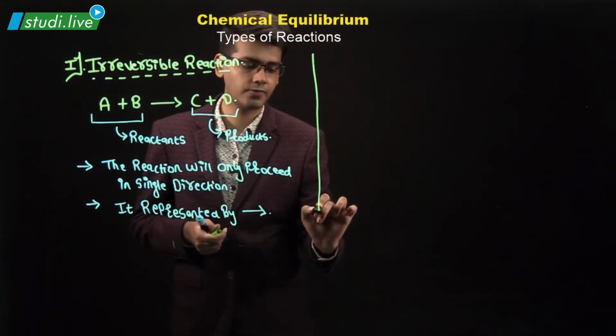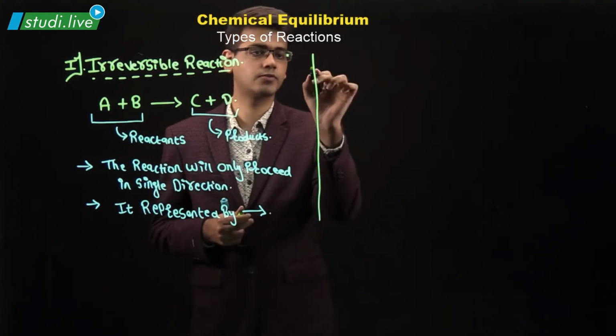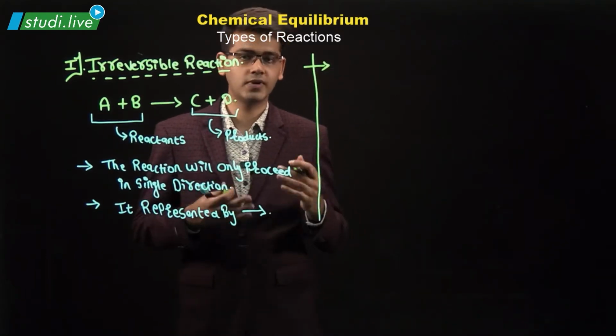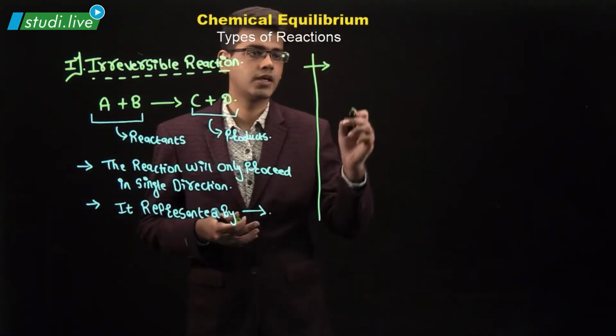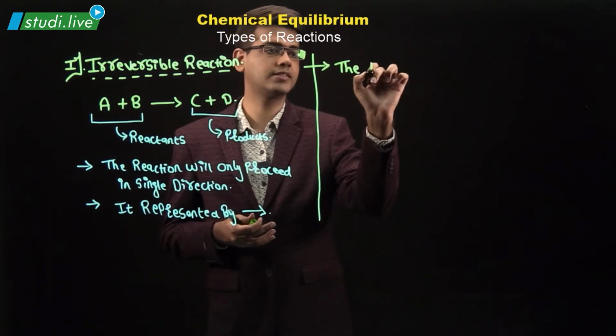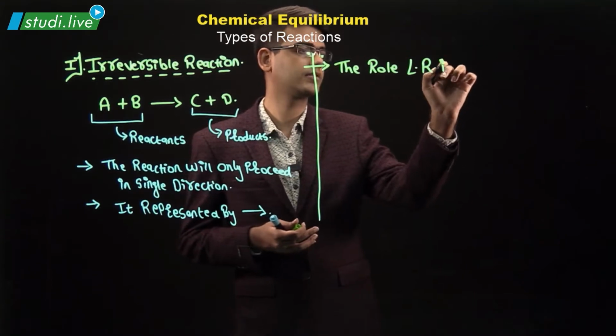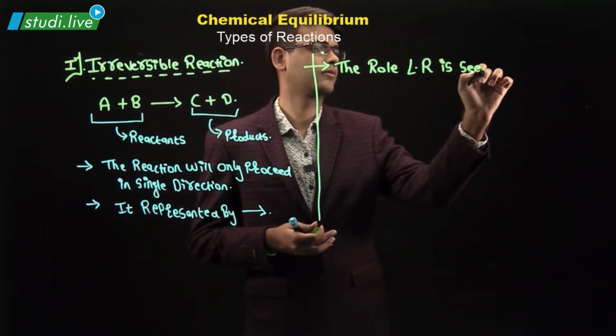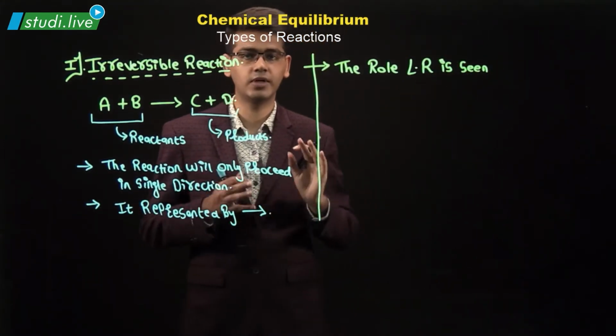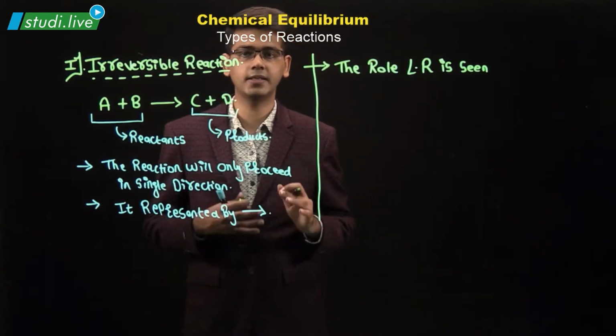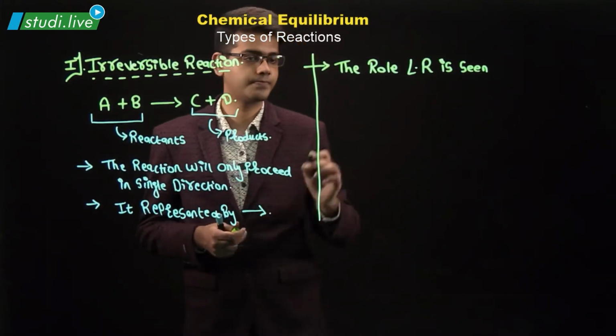Next important point with respect to irreversible reaction which we have to remember is that always in case of irreversible reactions, the role of limiting reagent is seen. The presence of limiting reagent will definitely affect the reaction and the behavior of the reaction.